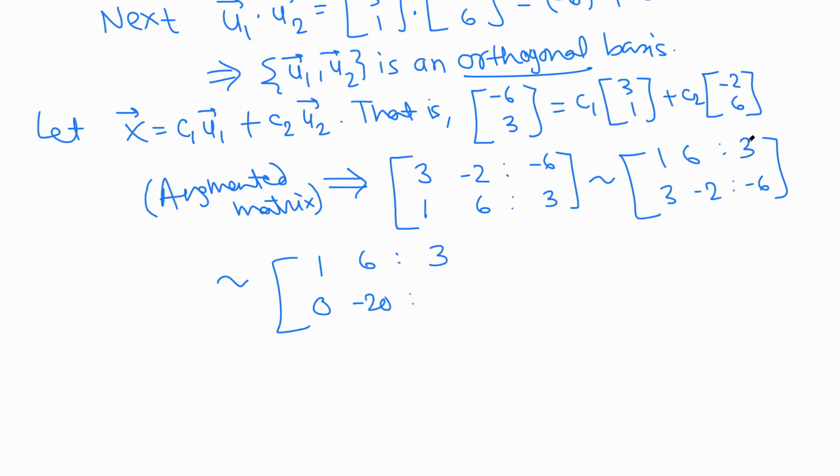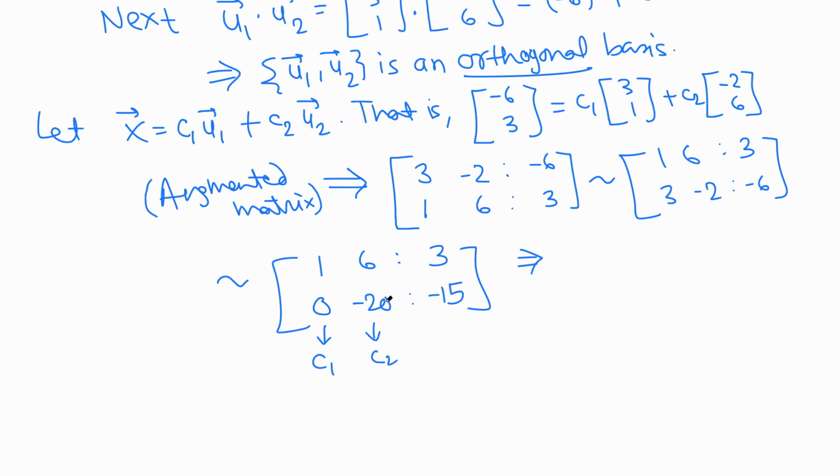Negative 3 times 3 is negative 9, plus negative 6 is negative 15. The columns correspond to c1 and c2; we could have written x1 and x2 or any other variables. Here is a pivot.